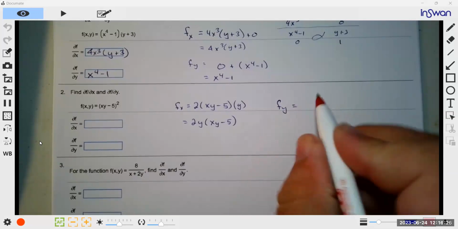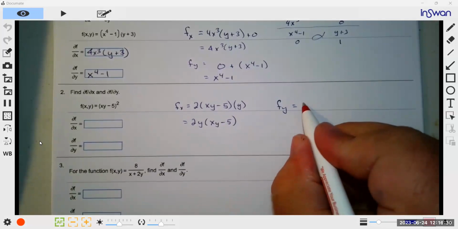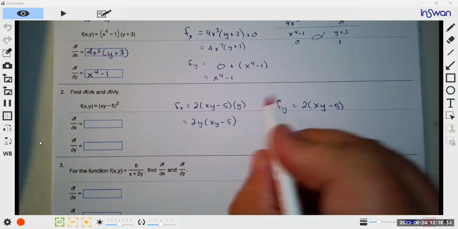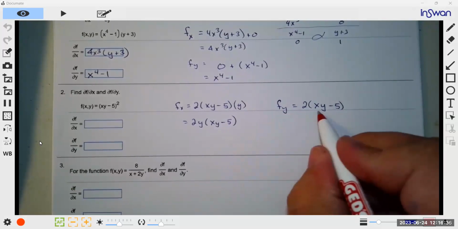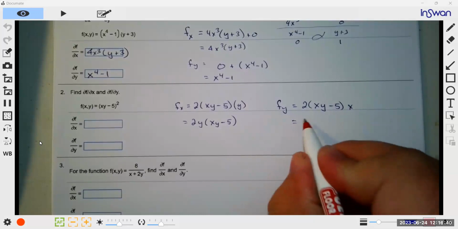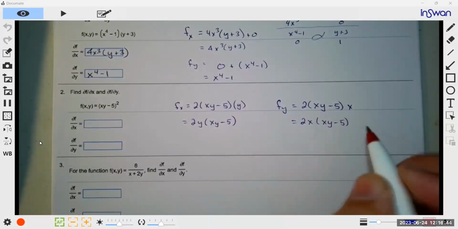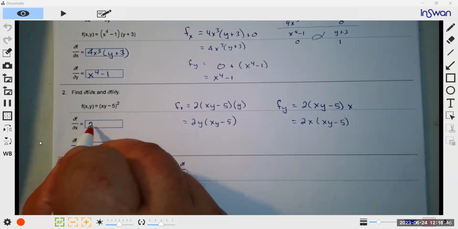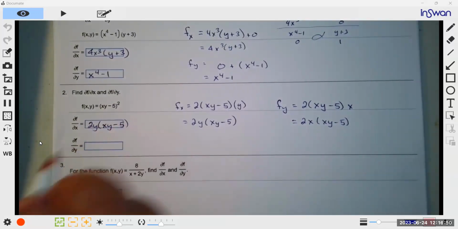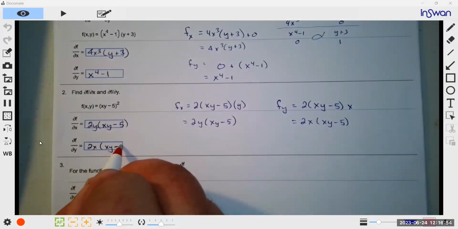And with respect to y, again, take the derivative of the outside, which is 2, leave the inside alone, subtract 1 from the exponent outside, times the derivative of the inside, which is just x. So it's 2x(xy minus 5).